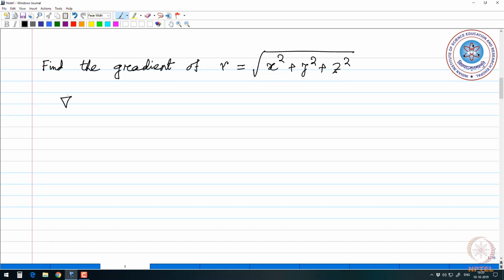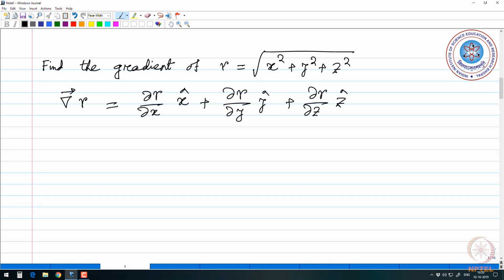As we know, the definition of gradient is given as del r del x x cap plus del r del y y cap plus del r del z z cap, and with the definition of r that is given here, we can clearly see that the derivative of r with respect to x will bring us a half in front, and because there is x square, we will have 2x here, and the power of r would be minus half.